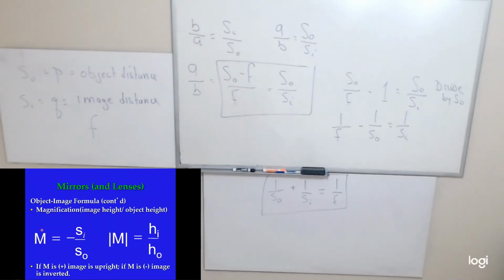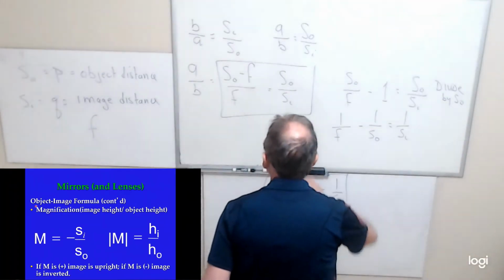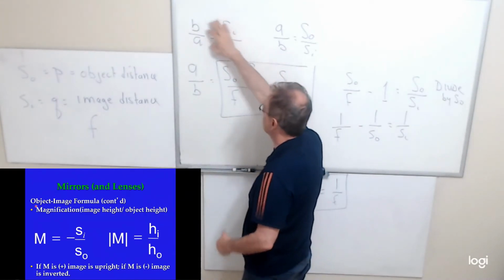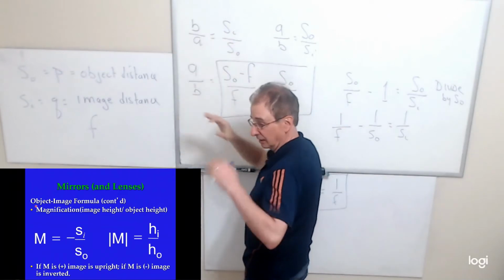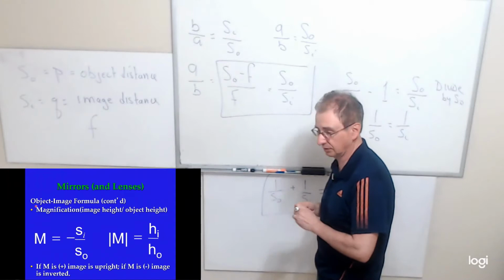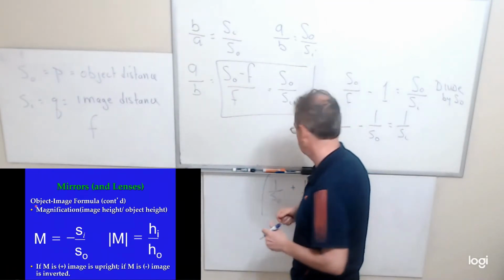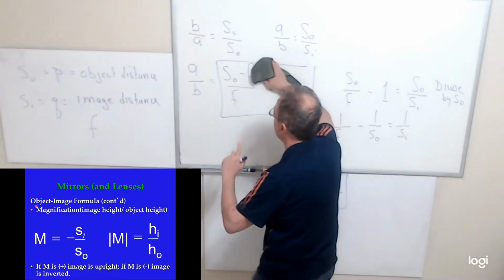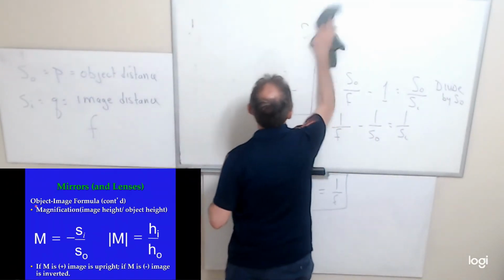So another thing we define is called the magnification. That ratio that we saw earlier, this ratio of the image distance over the object distance, which is really the image height over the object height, is the magnification. However, we put a minus sign in front by convention. Most books use this convention. There's one book that I know that doesn't, but most books do.